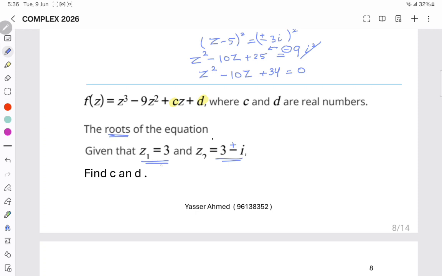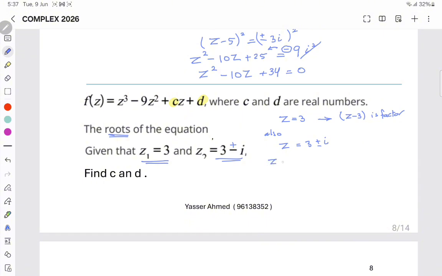How is that? First of all, z equal 3. So that means in the real, z minus 3 is a factor. Factor means f(z) divided by that factor with remainder equal to 0. Now we're going also for the complex root, z is equal 3 plus or minus i. Construct the quadratic equation.